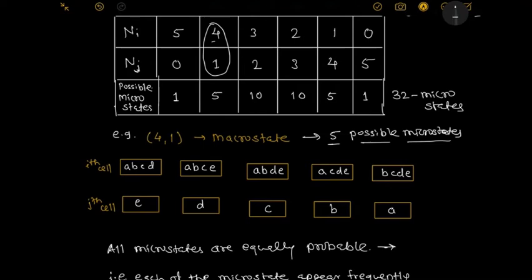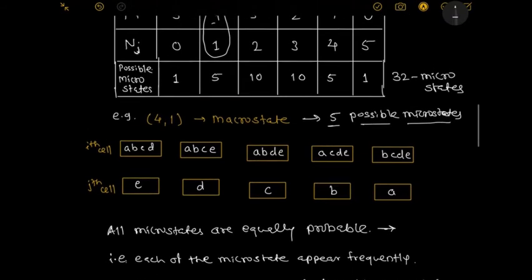For example, for the macrostate 5 0, there is only one possible microstate. The same one microstate we get for another macrostate 0 5. That means that each microstate appears frequently after a long period of time.